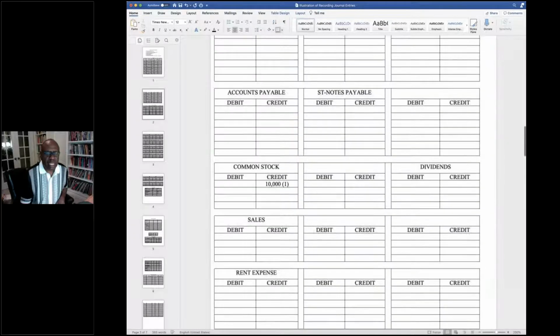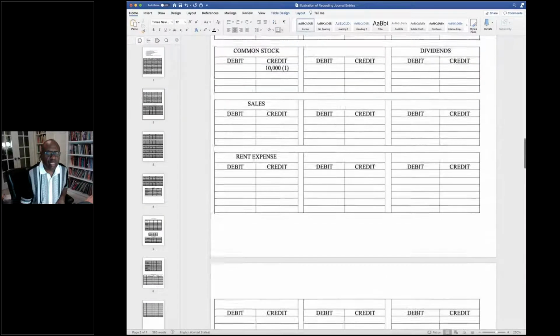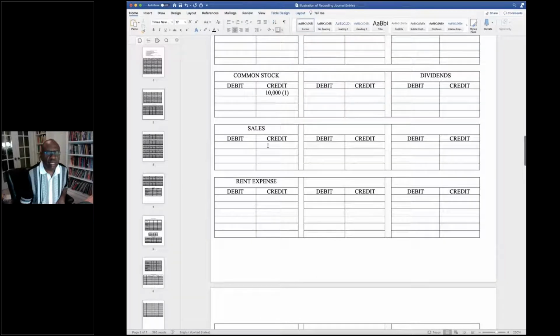Then we got to go to sales. And we're going to put that 50,000 on the credit side for sales. And so this gives us the posting completion for transaction 2.